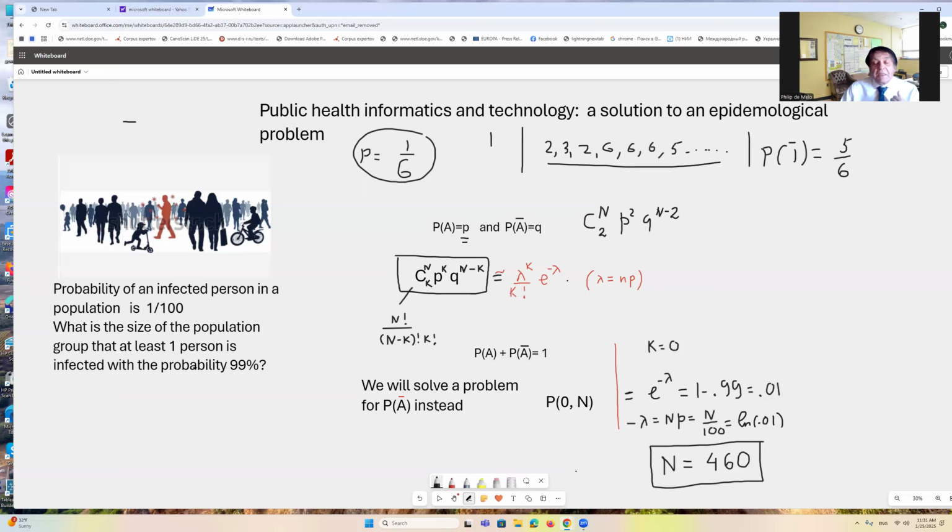And here n is unknown. We have to find it. So this is the probability to find, let's say, 2 people infected in the group, and n is unknown.